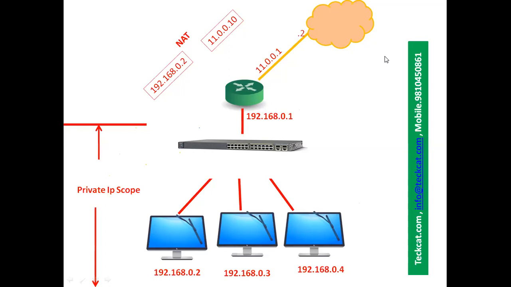To access the cloud, you have to make a request through the router 192.168.0.1, so that it goes to the router which has the outside network, which connects you to the cloud. The 11.0.0.1 is assigned to you by the service provider, the ISP.